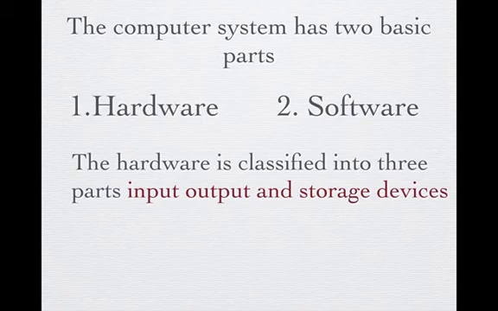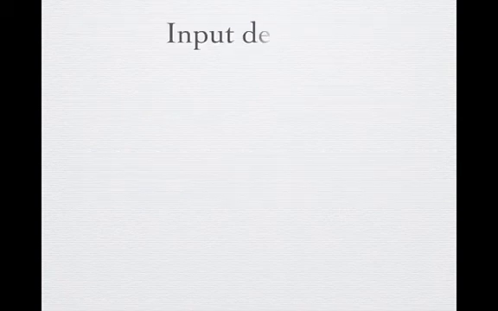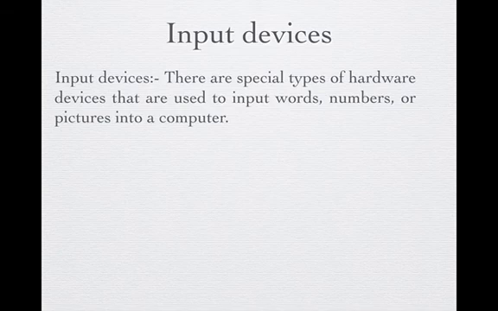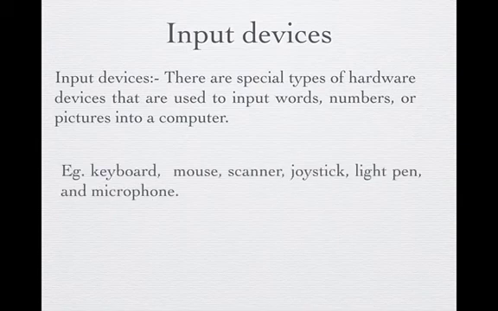Let us see input devices. Devices through which you can enter words, numbers, and pictures are called input devices, right? We have seen examples like keyboard, mouse, scanner, joystick, light pen, and microphone. There are more input devices, but these are the examples that we have learned in our chapter.